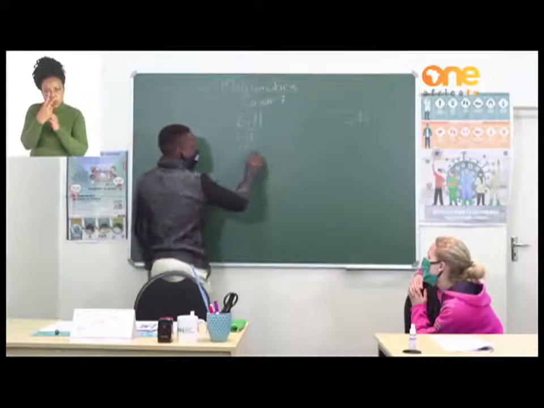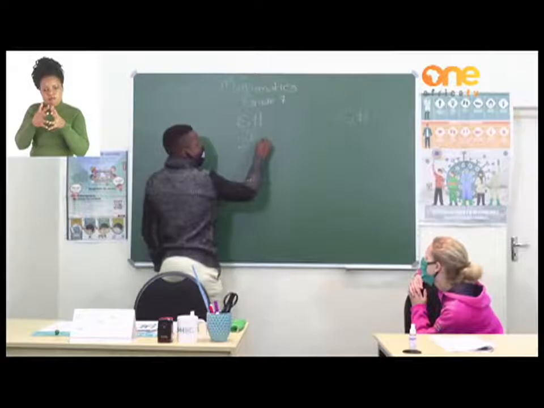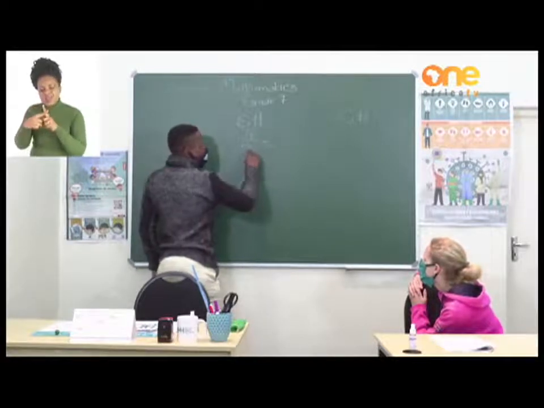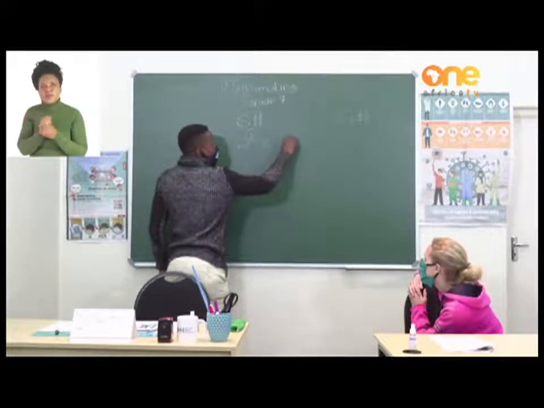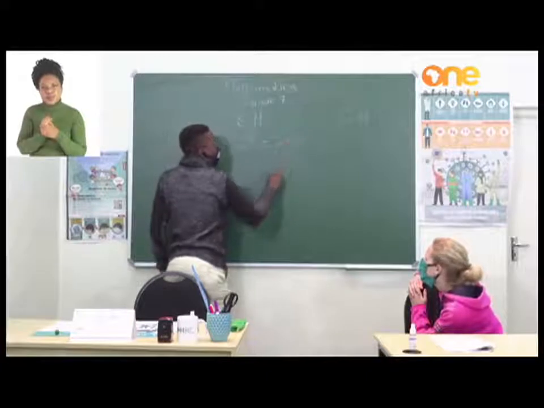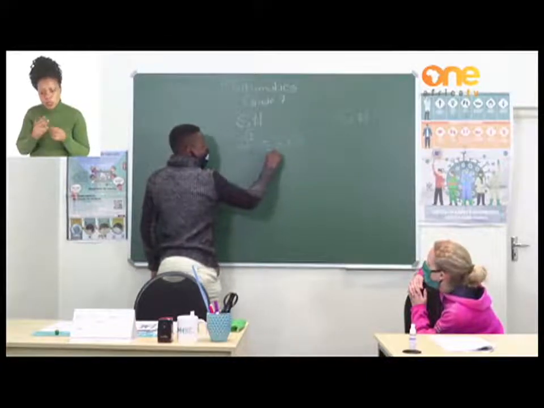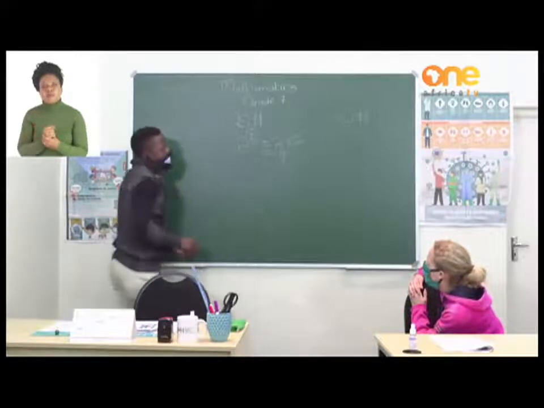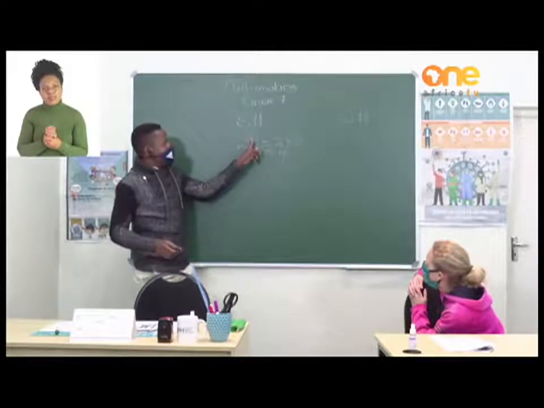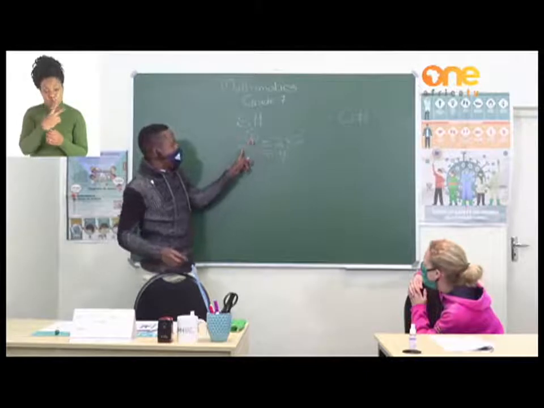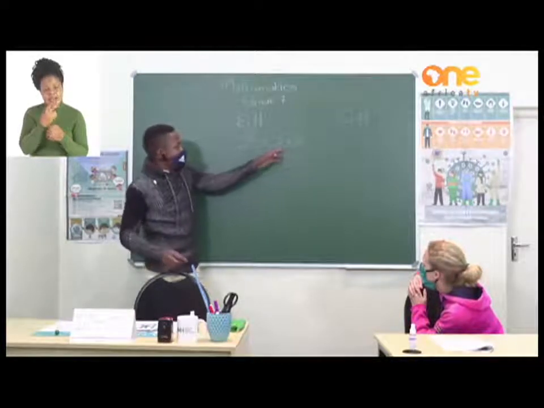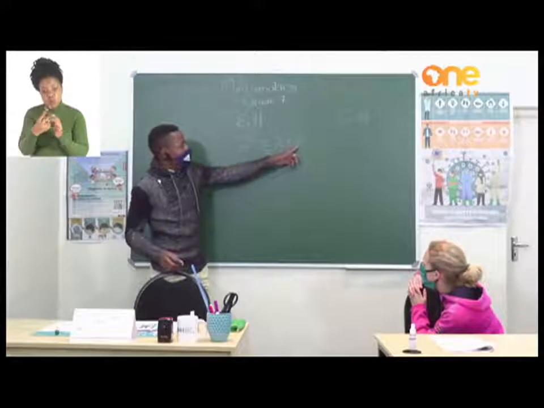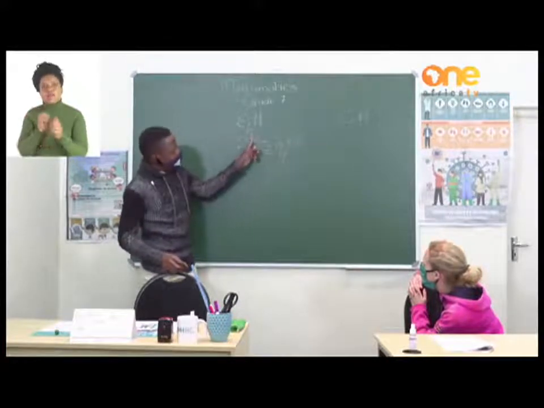You can also expand it in this way: 2 times 2 to give you 4. If you look at this 2, it means this number has to appear twice. That's why there's a 2 here.